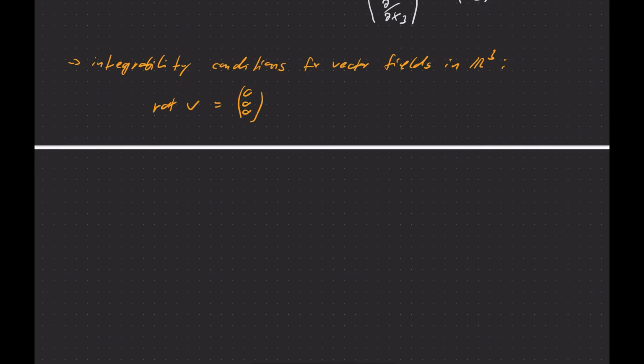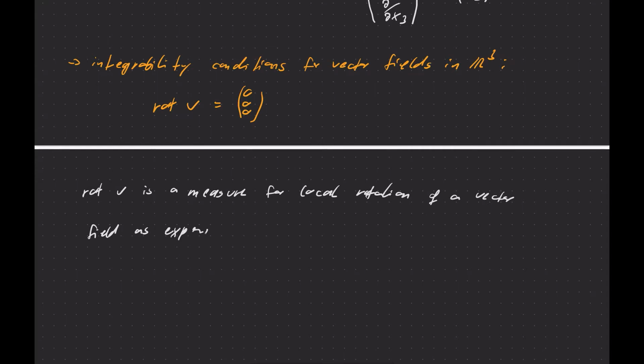Okay, let me just give you that idea. So the rotation of a vector field is very roughly a measure for local rotation of a vector field as experienced by a particle moving along the field.